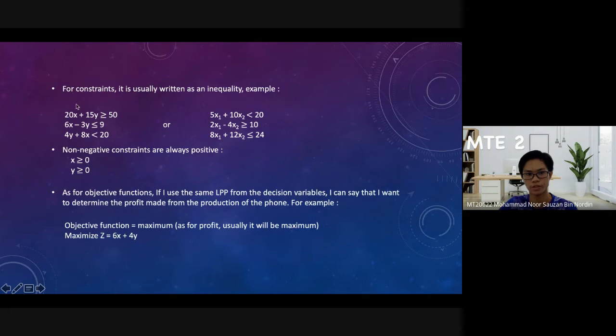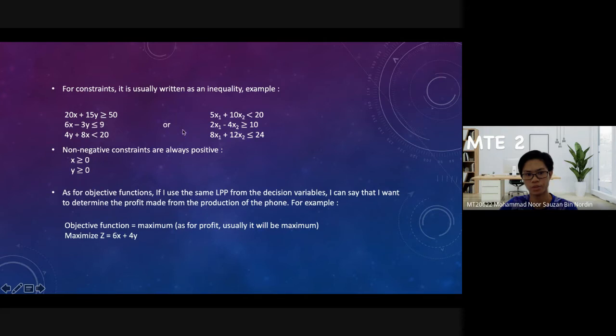For constraints, it is usually written as an inequality. For example, 20x plus 15y greater than or equal to 50, 6x minus 3y less than or equal to 9, 4y plus 8x less than 20.